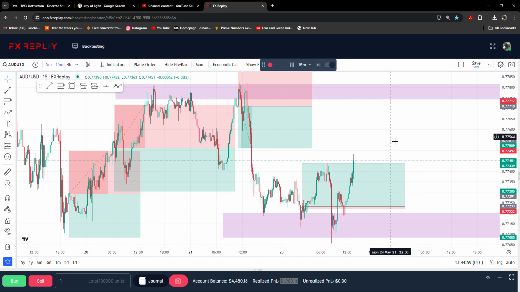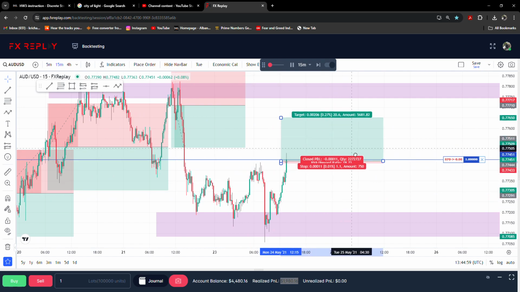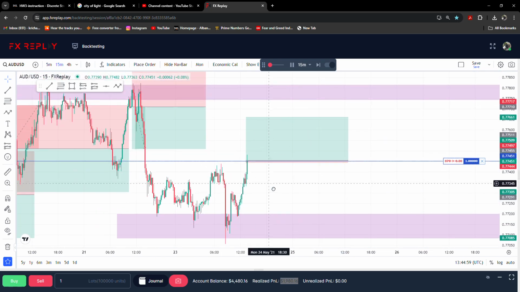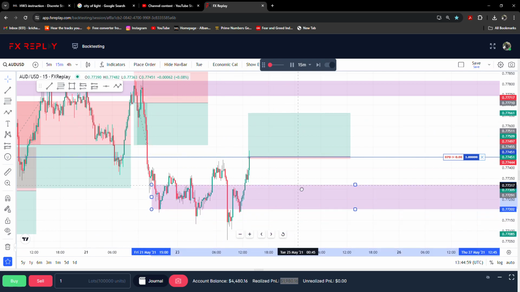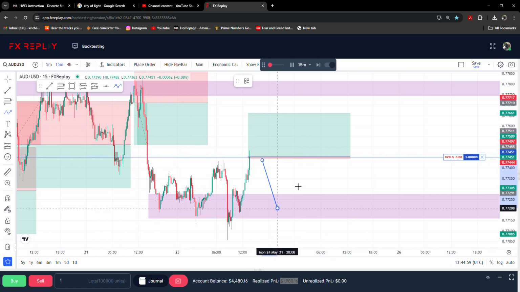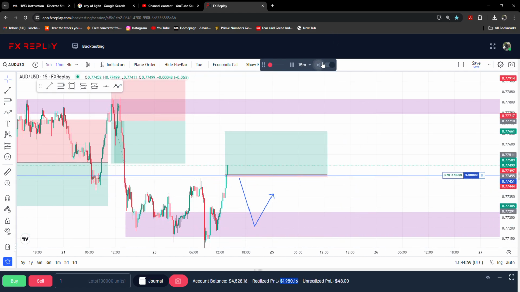If I think the market's going to bounce here, if I think it's going up, I'm going to buy. Right? I'm going to buy here. I'm going to put a 1-to-1, and then I'm going to worry about where the market is going to reverse. I think the market could reverse if it comes down to this level, and this is already a unit of risk right here, right? So overall, a good strategy, I believe.